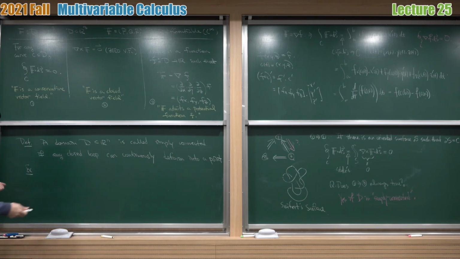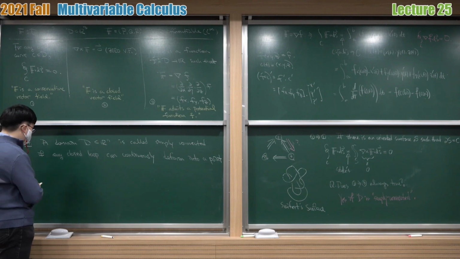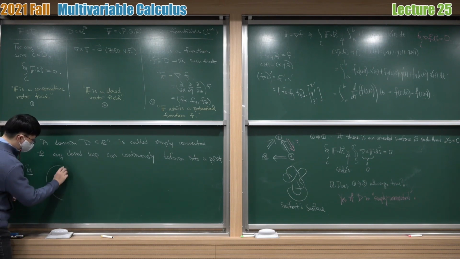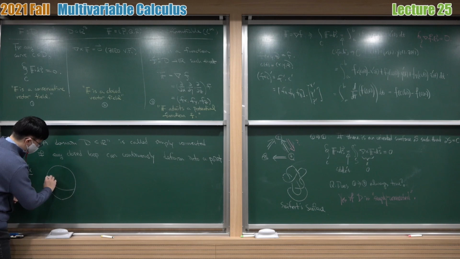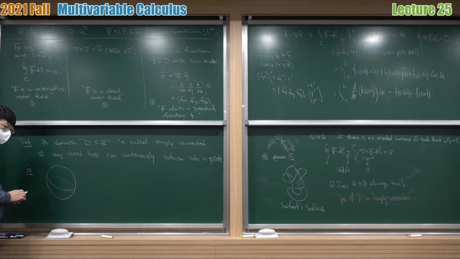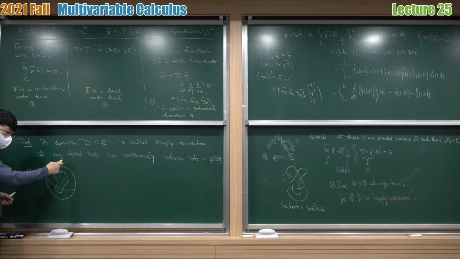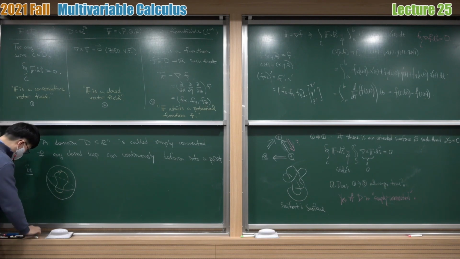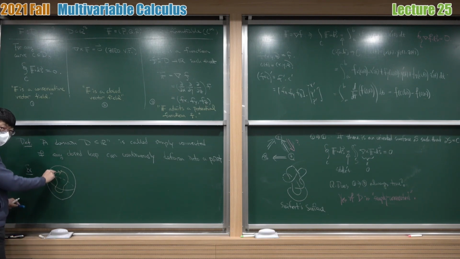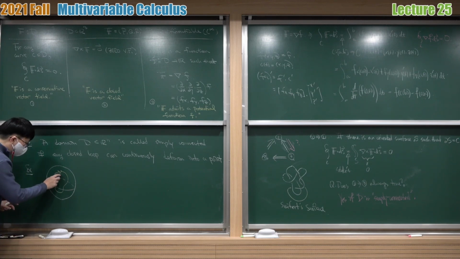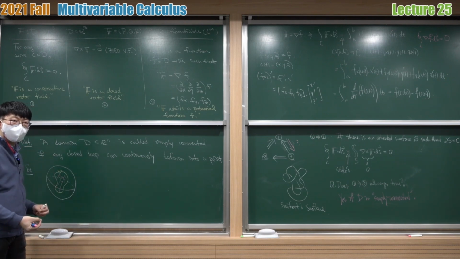So here's an example. Let's say I have a ball. If I take any loop inside a ball, so this is a loop, and there is an orientation of the parameterization, I can continuously shrink my loop into a point like this, so that eventually I can make the loop just one point.